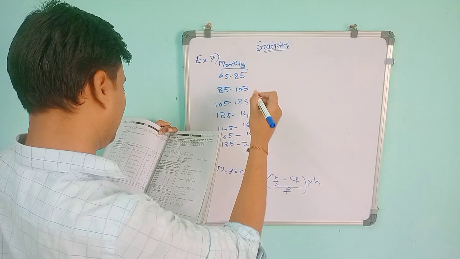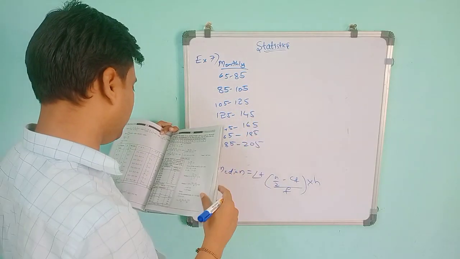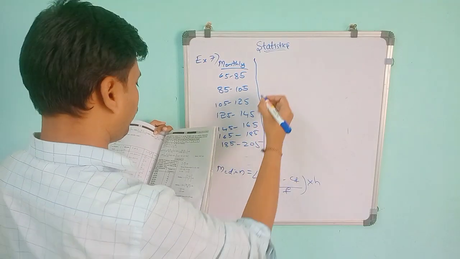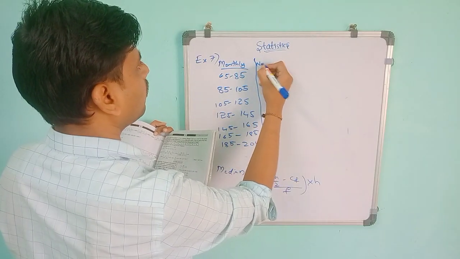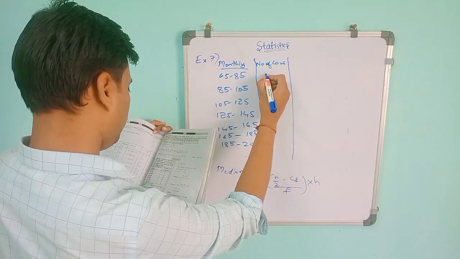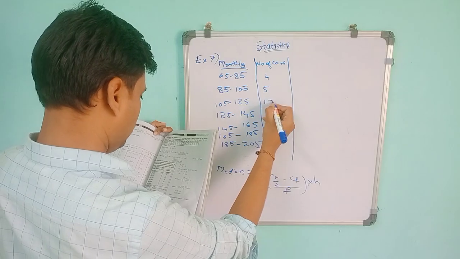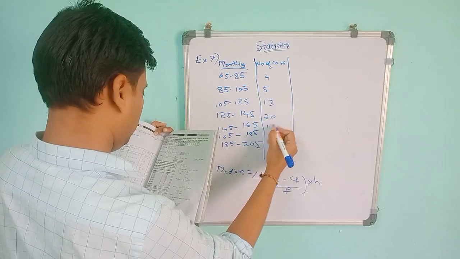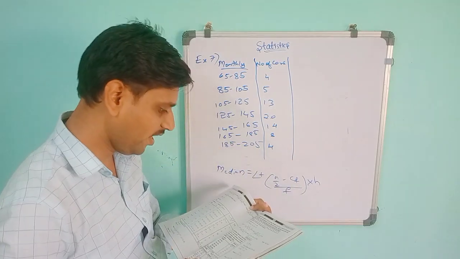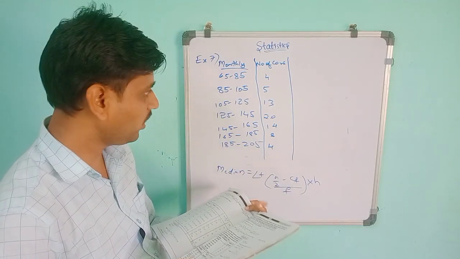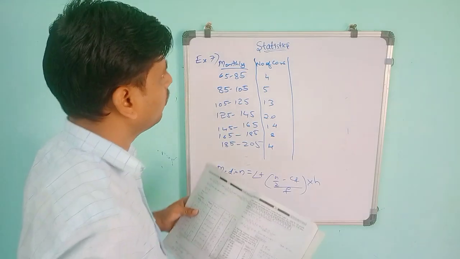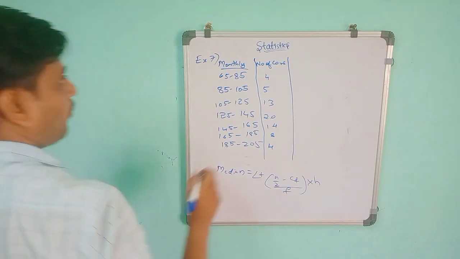Then they give the number of consumers: 4, 5, 13, 20, 14, 8, 4. These are the numbers of consumers.